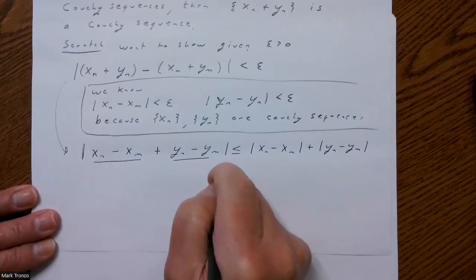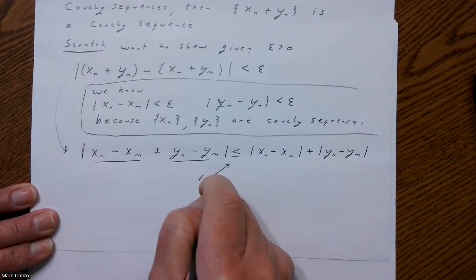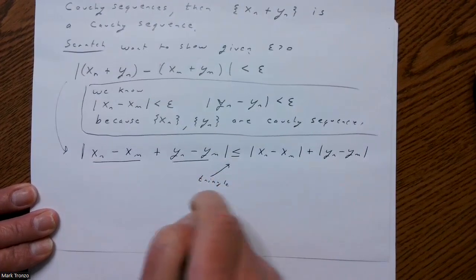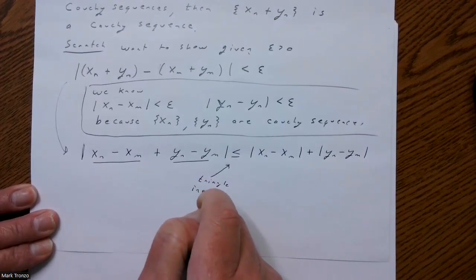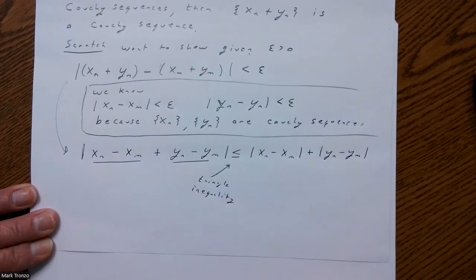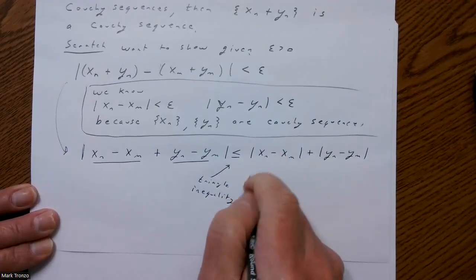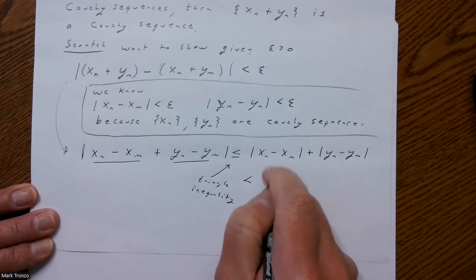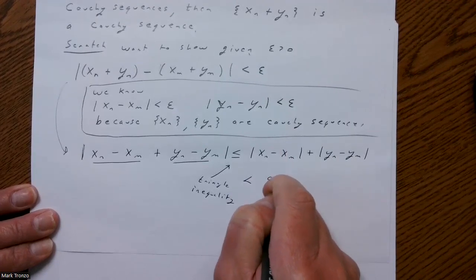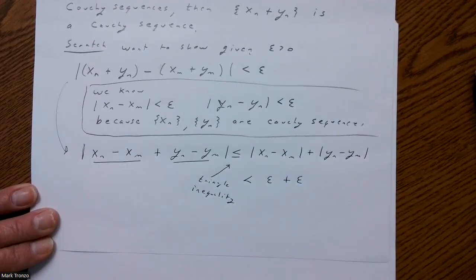Again, that's from the triangle inequality. And then finally, because we know they're Cauchy, each of those is less than or equal to epsilon, so we get epsilon plus epsilon.